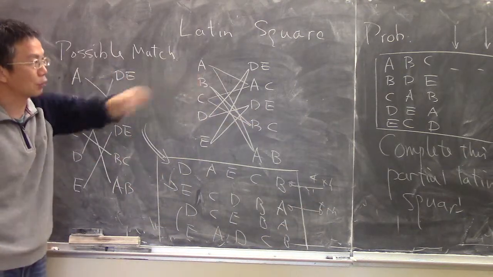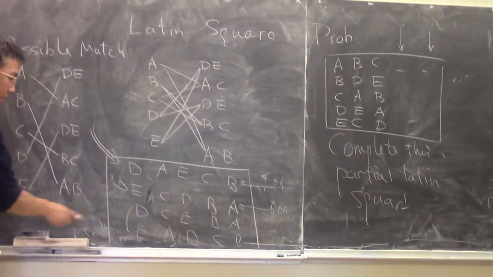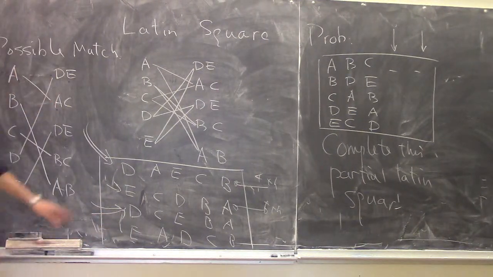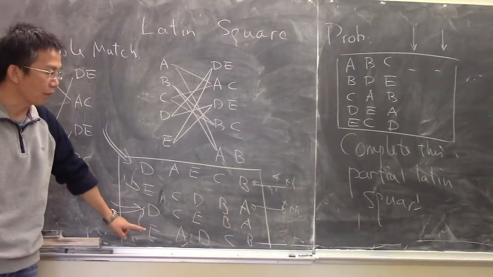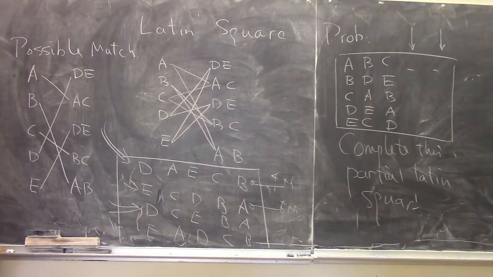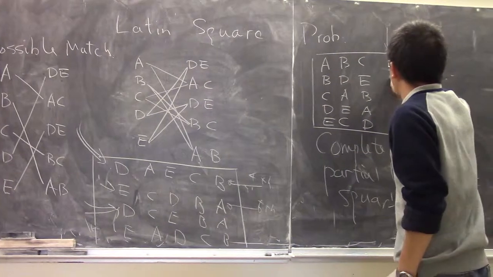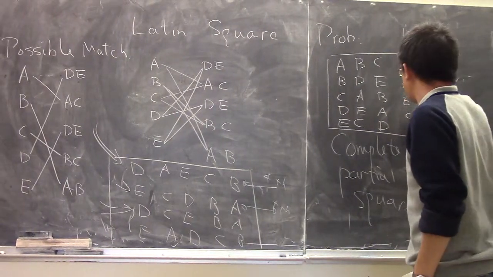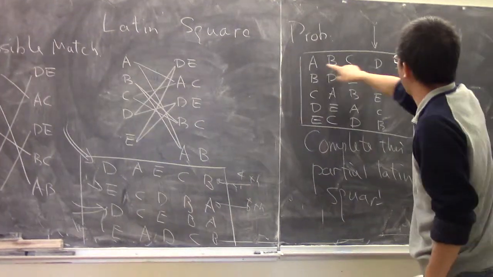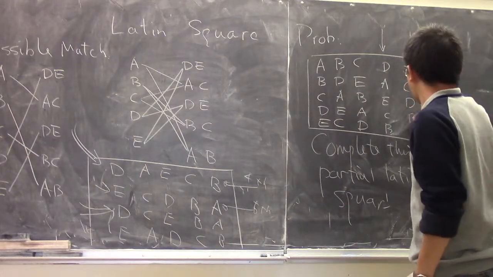So you are able to complete the Latin square. If you pick another match, because there's another possibility, you are able to complete the square in a similar fashion. For example, I pick D, A, E, C, B, and the fifth one, you only have one letter for each row, so it's E, C, D, B, A.